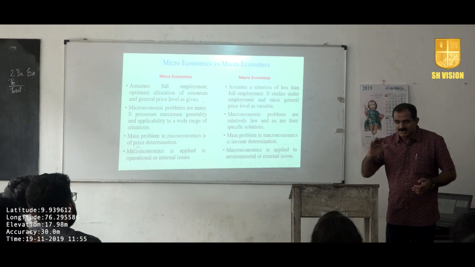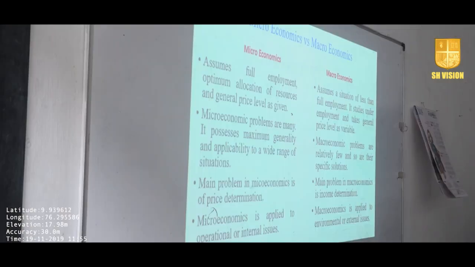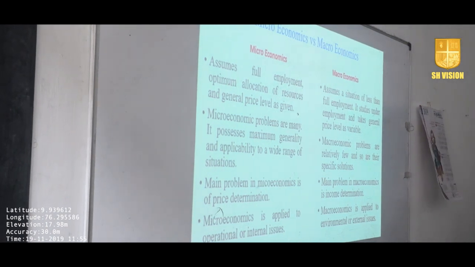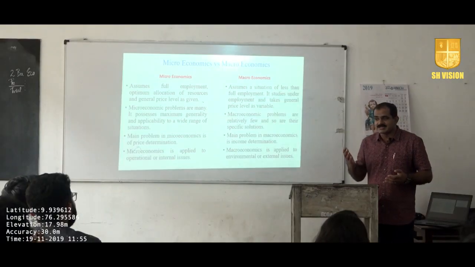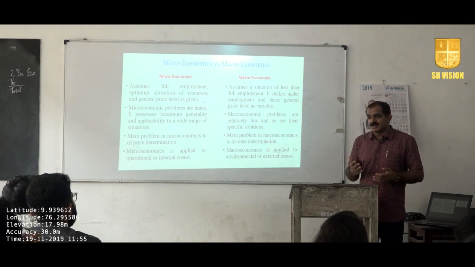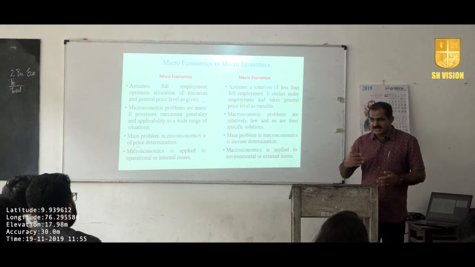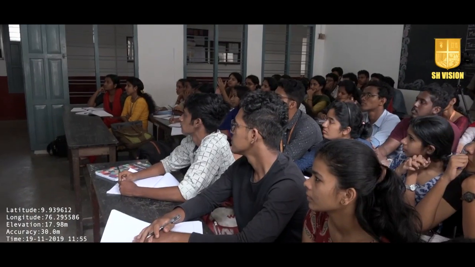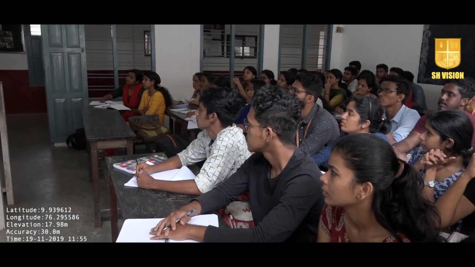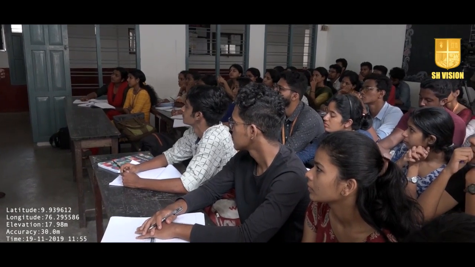It's not based on classicists. Classical economists assumed full employment, and Keynes assumes a situation of less than full employment, because that is what Keynesian theory says. So it studies underemployment and takes the general price level as variable.